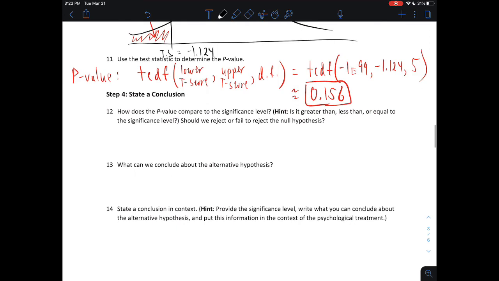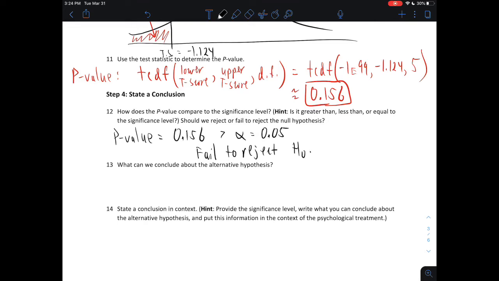Our p-value is 0.156. That is greater than our alpha, which is 0.05. And as we saw in previous lessons, if your p-value is greater than alpha, that means we fail to reject the null hypothesis.